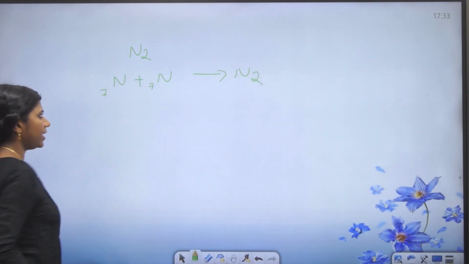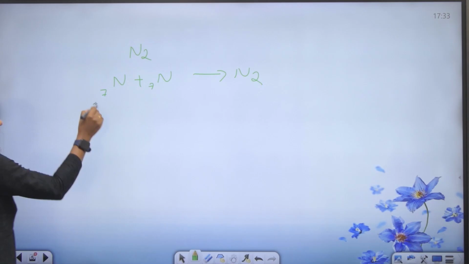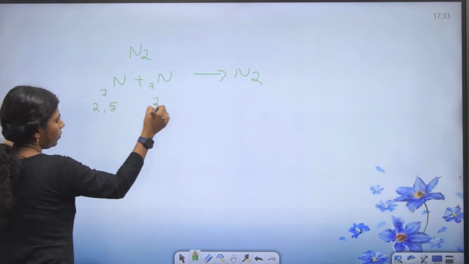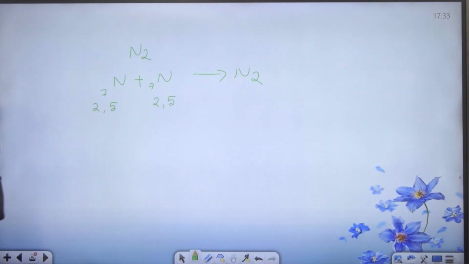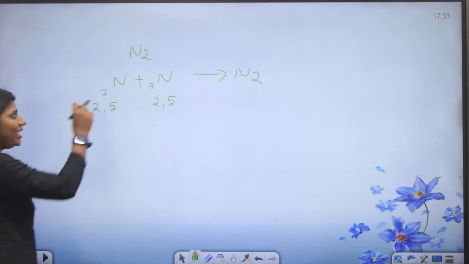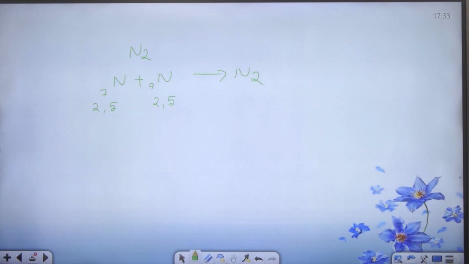The electronic configuration is 2,5, which means it requires 3 more electrons to complete its octet. 5 plus 3 is 8. That means each nitrogen atom shares 3 pairs of electrons, or 6 electrons, to form the nitrogen molecule.